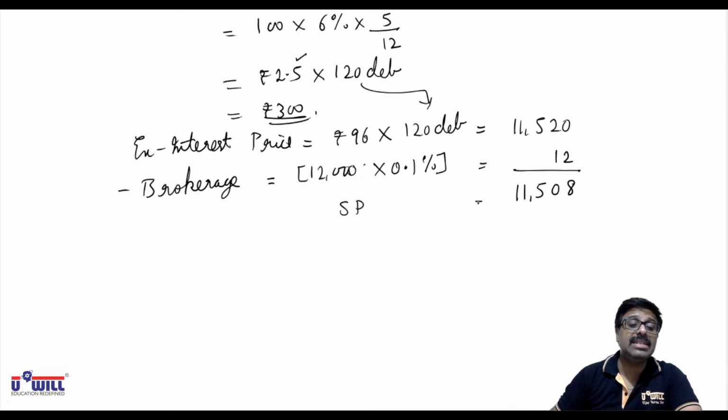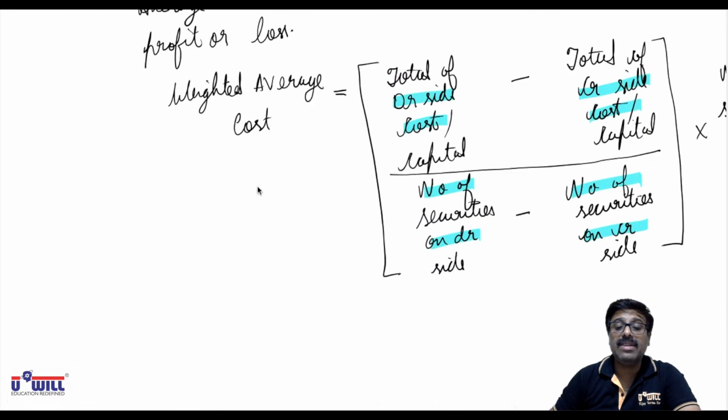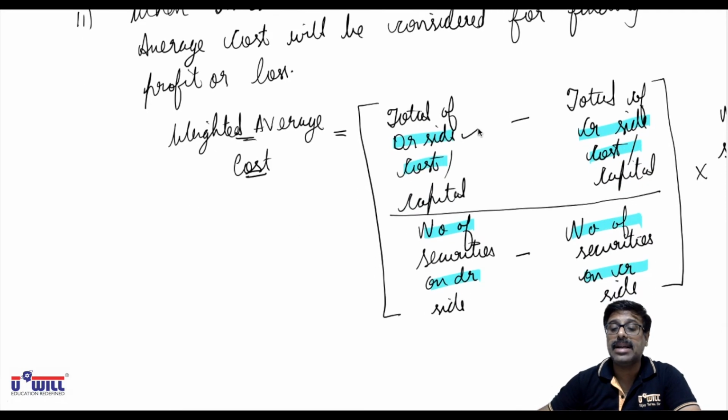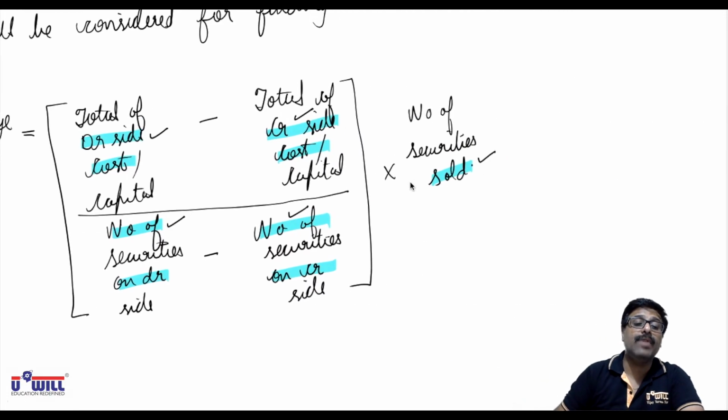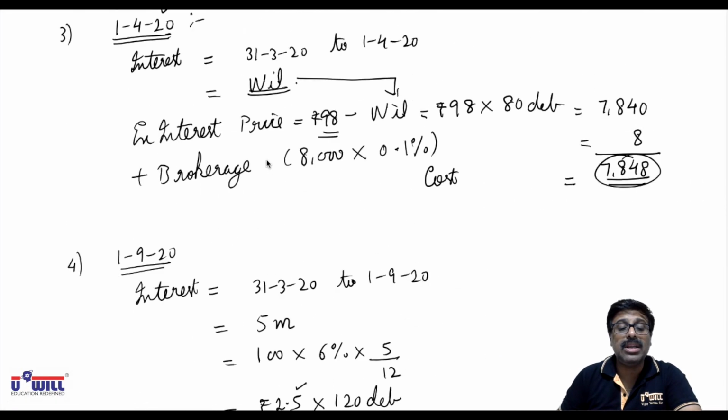Now what did we discuss in the summary's last point? Whenever investments are sold, weighted average cost will be calculated: total of debit side cost minus credit side cost, upon number of securities debit minus number of securities credit, into number of securities sold, to find the profit or loss. When you are purchasing the investments, only this much working.